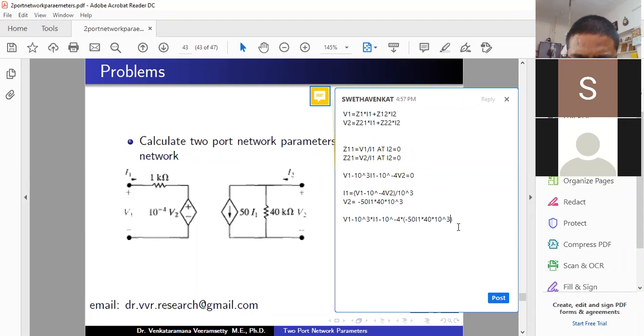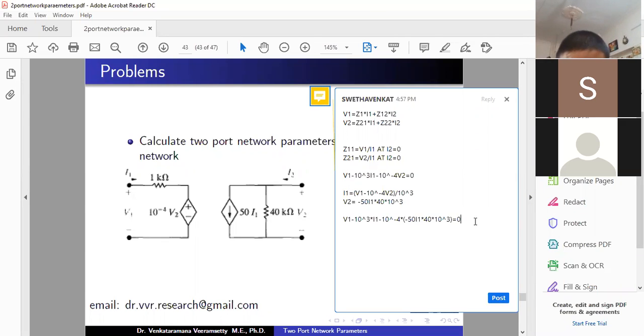Just replace V2 here. V1 minus 10 power 3 into I1 minus 10 power minus 4 into V2, with V2 equal to this expression, equals 0. I am just replacing V2 with this expression in this equation. I hope you are confident about what I am telling. This is how I will explain once again.